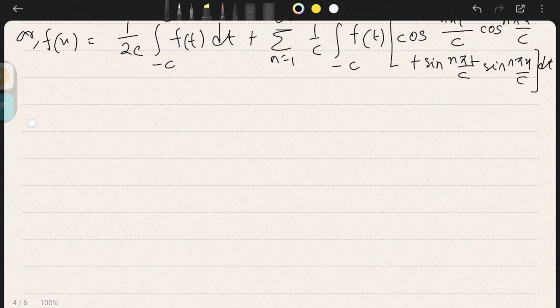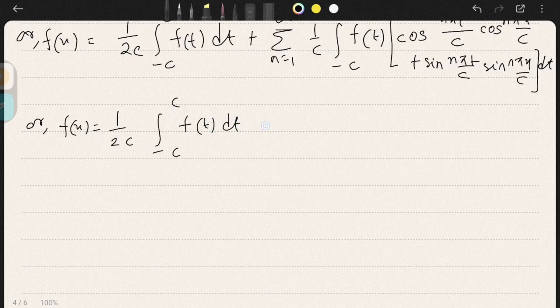So now we have 1 by 2c integral from minus c to c of f of t dt plus, this is nothing but the formula cos a cos b plus sin a sin b, which is cos of a minus b.